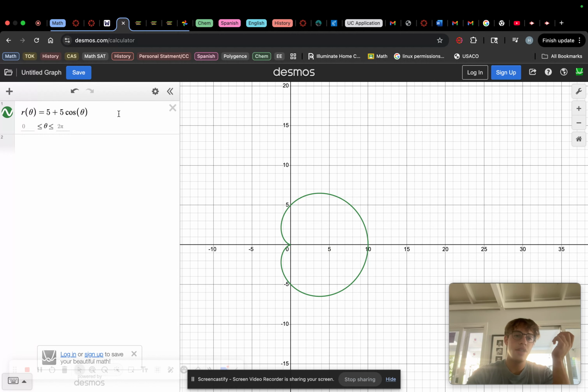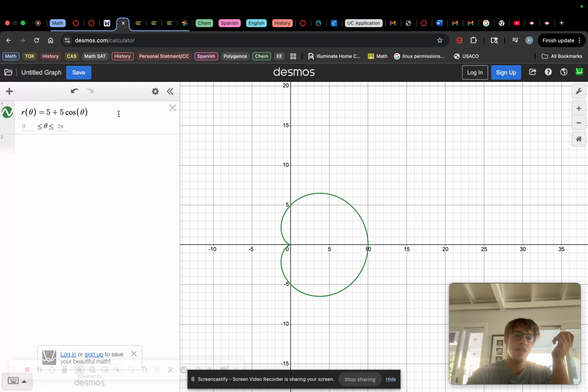Okay, now that we know the bounds, we have to actually integrate. The formula for arc length is a little bit different. So we go from the integral of 2 pi to 0, because those are our bounds we discussed earlier, and we still have to do a little bit more.